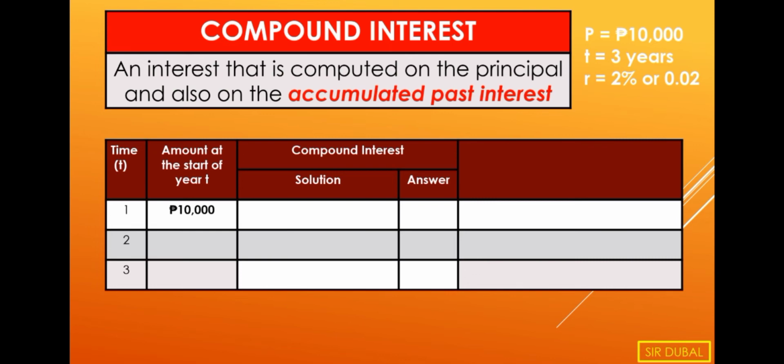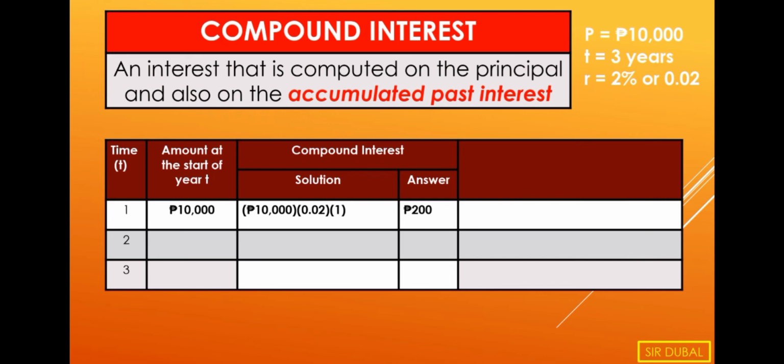So to solve for the compound interest, it is just the same process as the simple interest, in which we are going to use the amount at the start of the year, which is 10,000 pesos, multiplied by the rate, which is 0.02, and multiplied by 1 for that corresponding year.